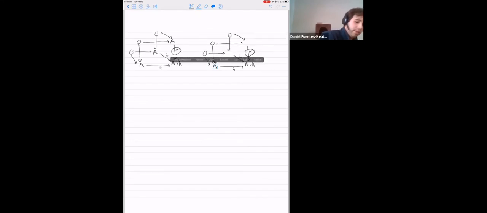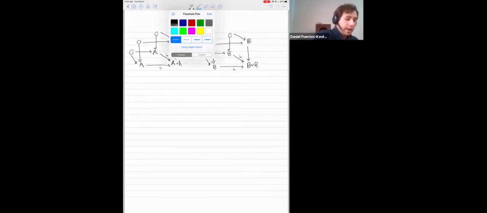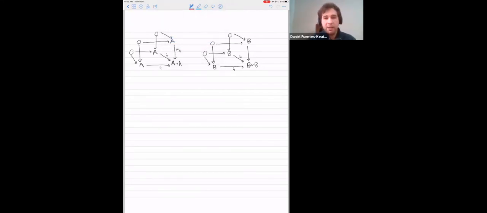And on this one, I've made some identifications, and I have some object that I call B. And so here's some interesting map MA, and here's B, B, B, B wedge B. So these are 2 special punctured cubes. And now I tell you that I have a map between them. Of course, a map between cosimplicial objects.